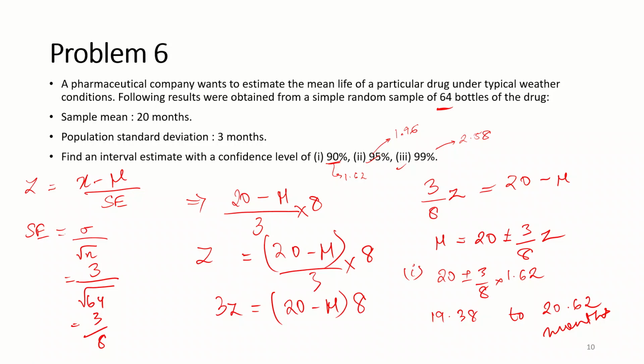So I think the second we'll have the answer as 19.26 to 20.74, and the third one will have 19.03 to 20.97 months.